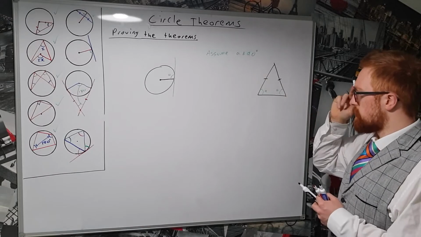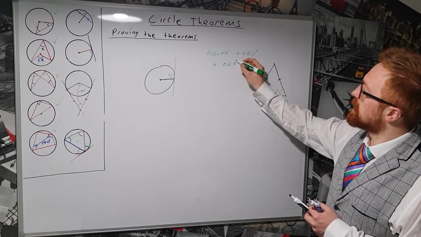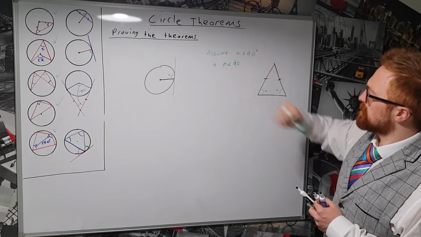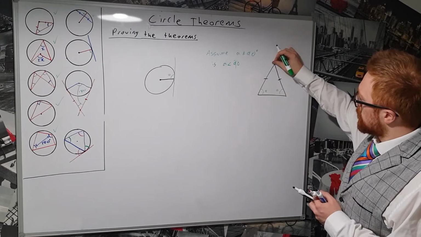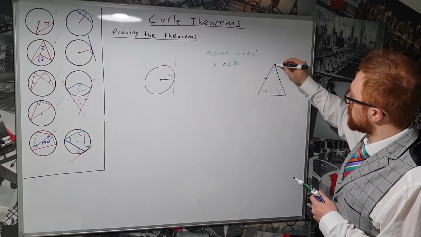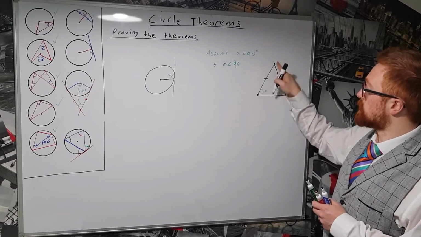But if A is not equal to 90 degrees, specifically if A is less than 90 degrees, we can form an isosceles triangle.